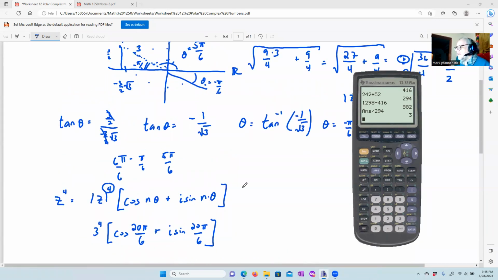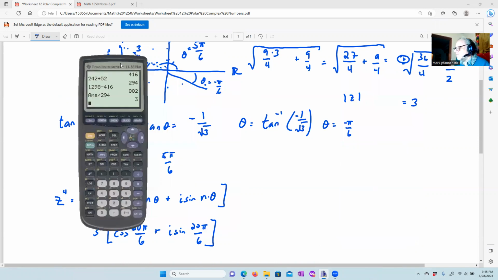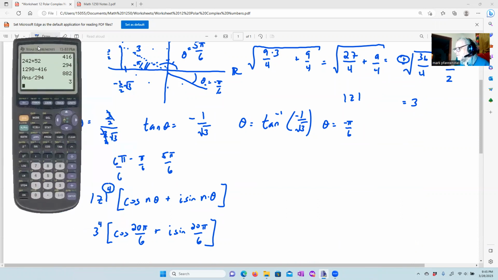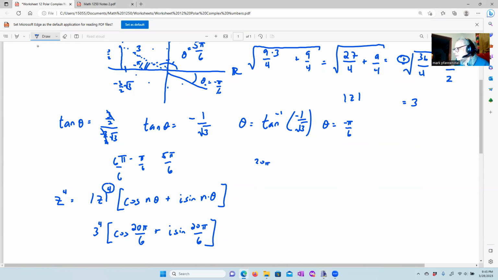But I'm not going to use anything too advanced. So what I'm going to do is say, okay, what is cosine of 20 pi over 6? Or where is 20 pi over 6? Where the heck is that?